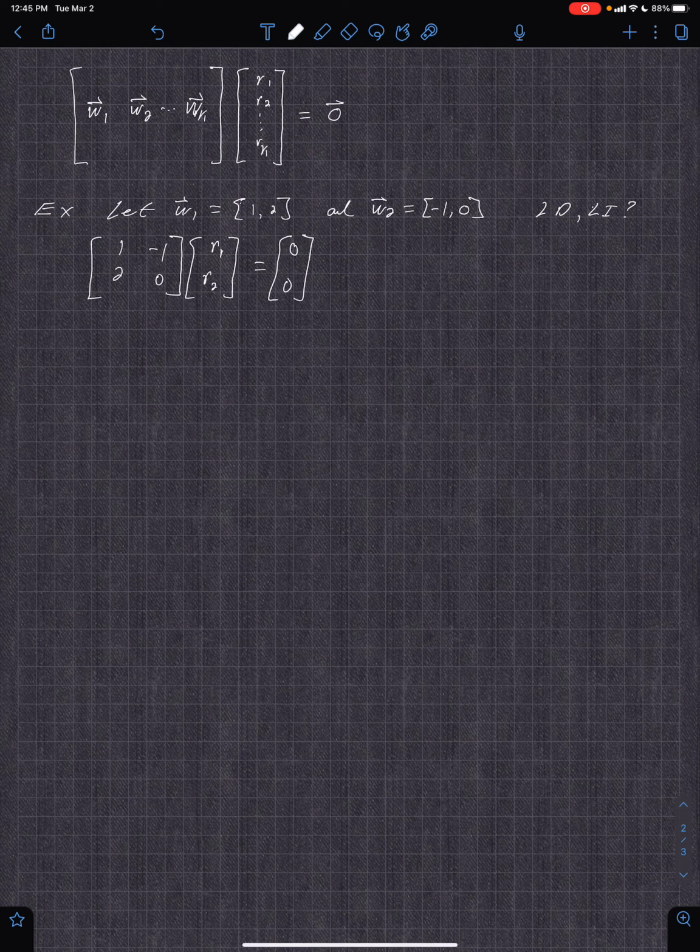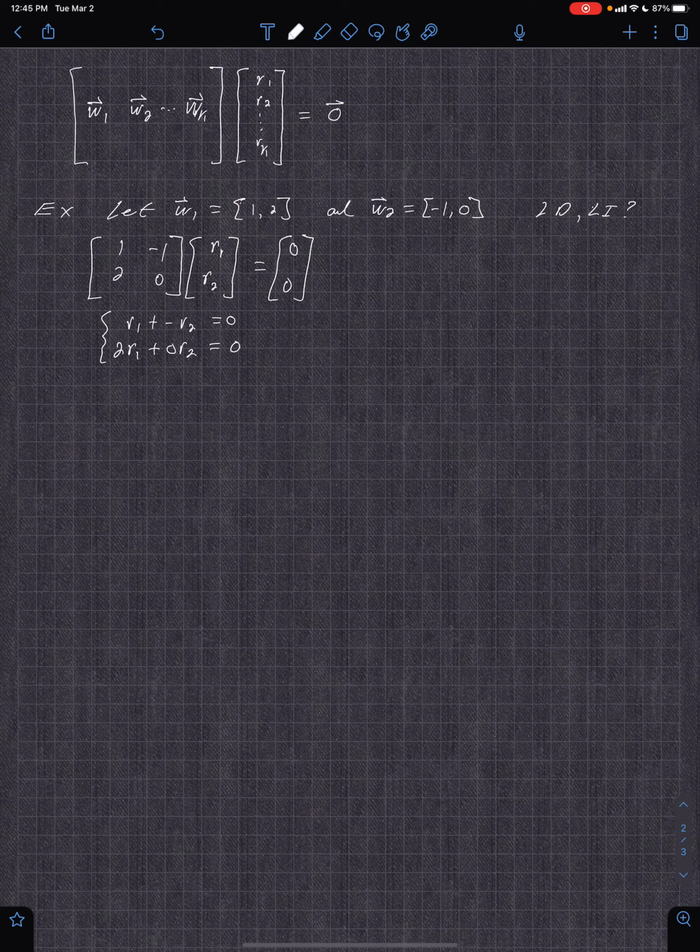So we row reduce. Now I'm going to show you that product. You don't have to do this, but you're really just doing this product to see if this system has a non-trivial solution.